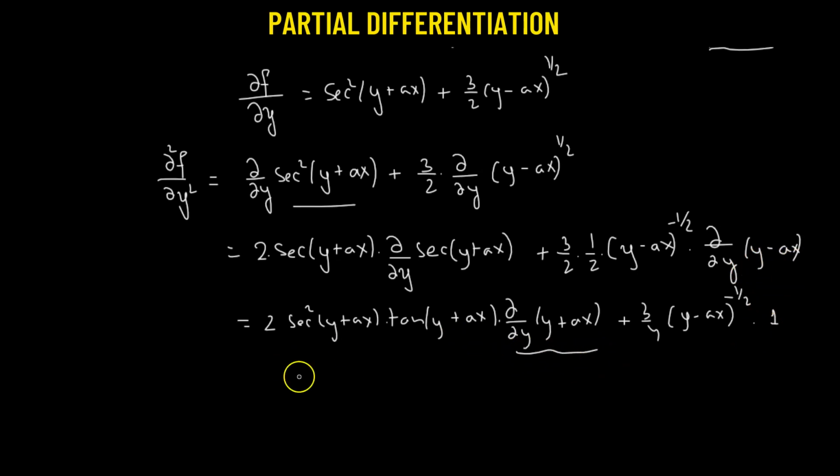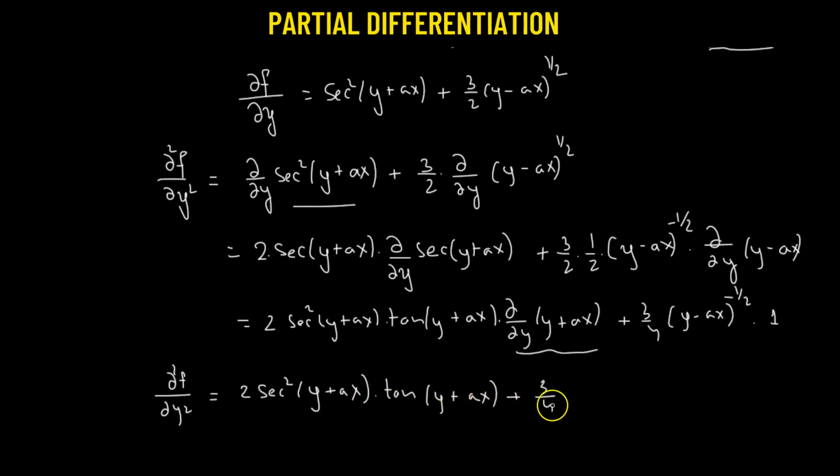So that means this will also go to 1. And finally we should get the second partial of f with respect to y, which will be equal to 2 times secant squared of y plus ax times tangent of y plus ax added to 3 over 4 times y minus ax whole raised to the power of negative half.